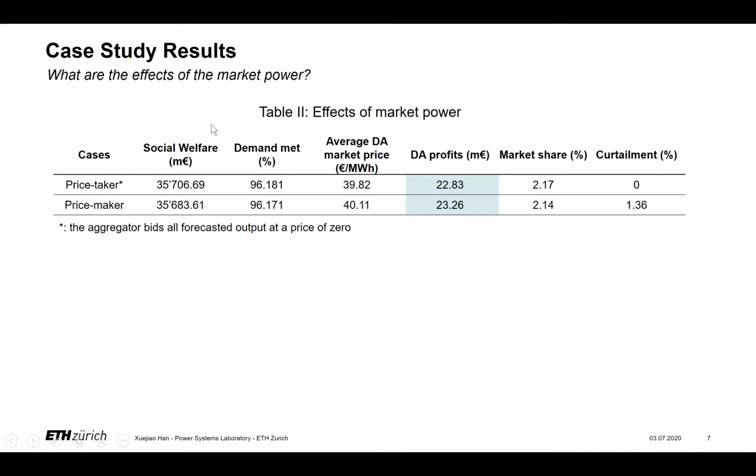The results shown here are the yearly social welfare, the average demand met in the system, the average market price in the day-ahead market, the yearly day-ahead profits the aggregator makes, the market share of the aggregator, and the curtailment of the wind generator.